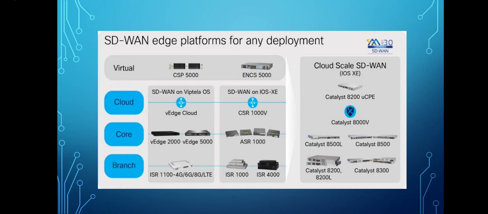The entire network is segmented into three different major components, which are nothing but cloud, core, and branch. Branch is nothing but the access layer. The core is nothing but the distribution layer, and cloud will be taking care of layer 3 or the overlay network.